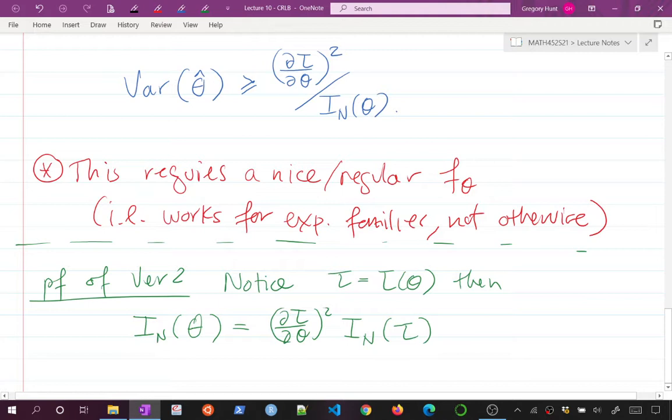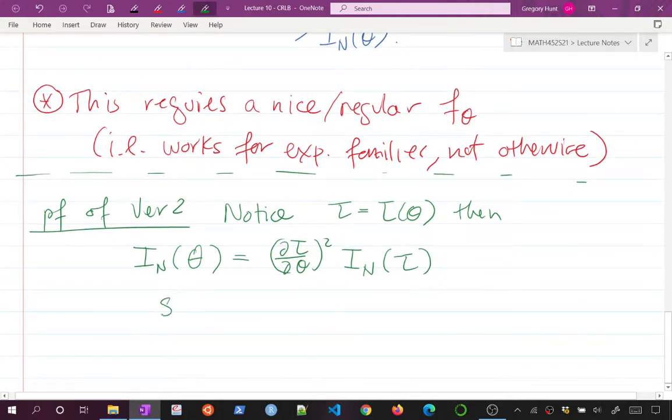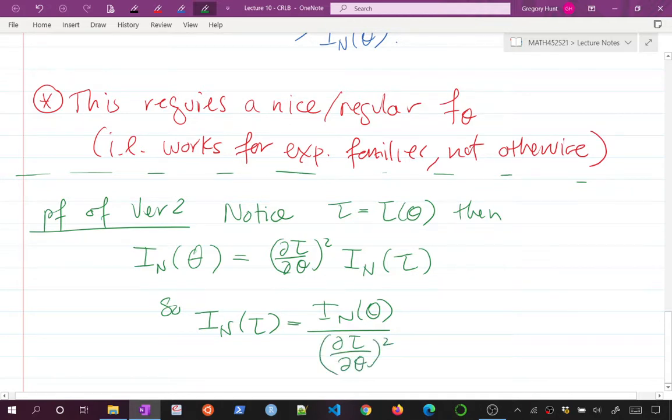So what this is going to do for us is we can note that the information about tau is the information about theta divided by d tau d theta squared.